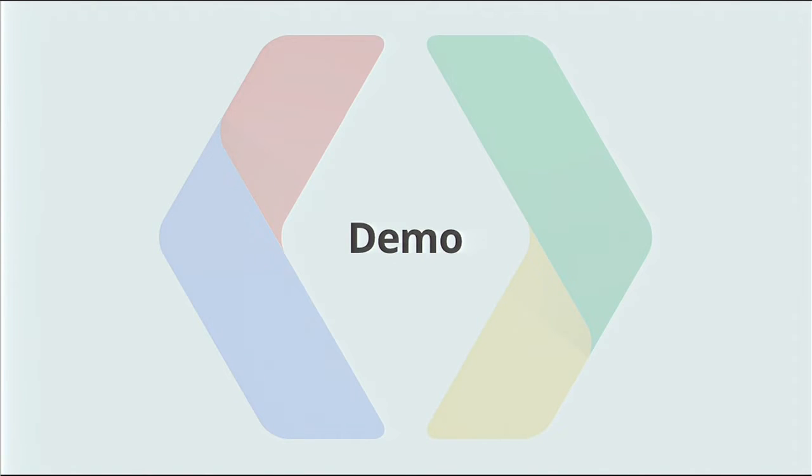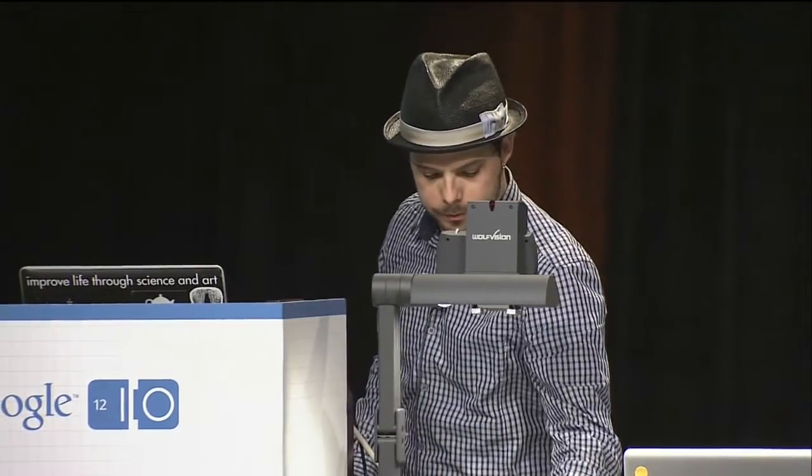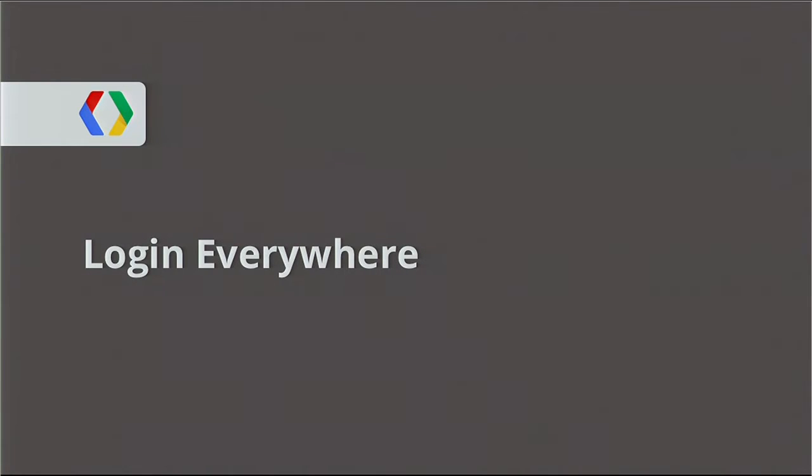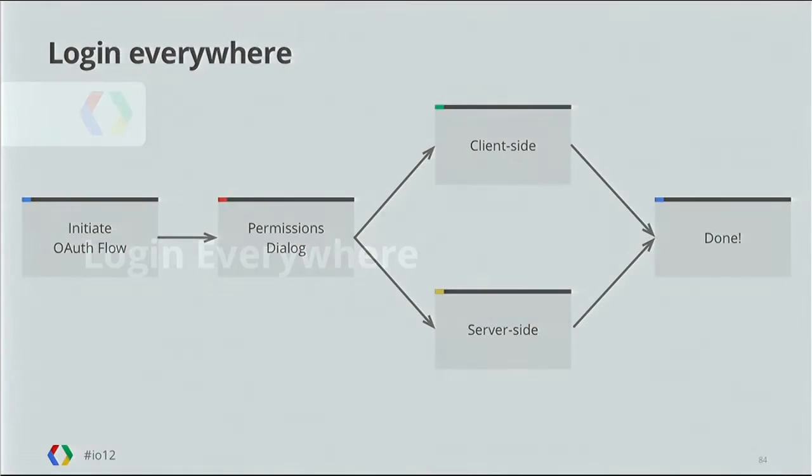All right, switching back to the presentation here. One more thing I want to talk about is login. I think there's a hidden gem in here for using the sign-in button, which gives you an OAuth flow for login across platforms. Right now, this is the flow that we saw earlier, where you initiate the OAuth flow, then you get the permissions dialog, and then you do client-side or server-side, and then you're done, right?